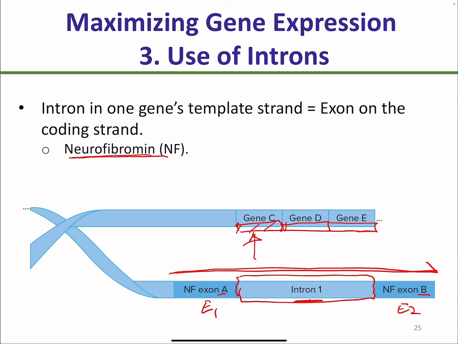So what was an intron in one context is many genes or an exon in another context. So that's another way of multiplying the possibility for many more proteins than the number of genes on the chromosome.